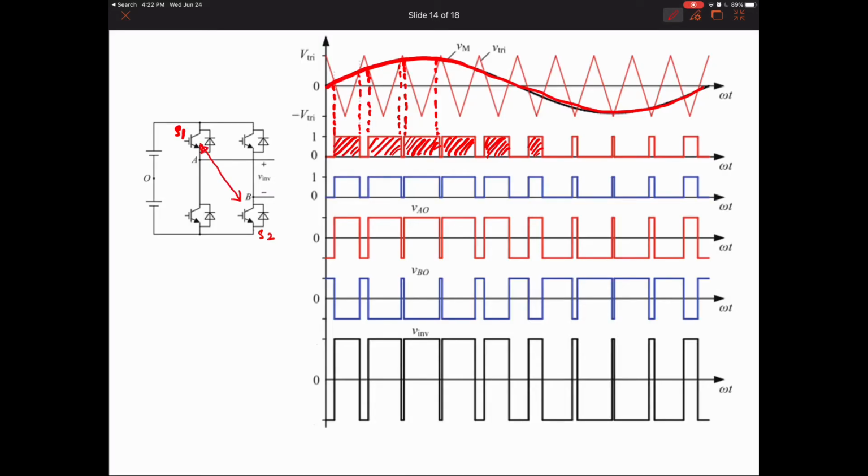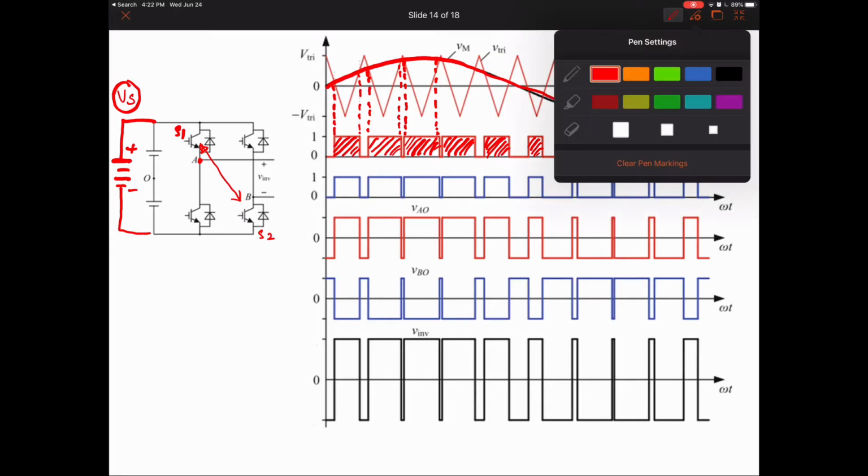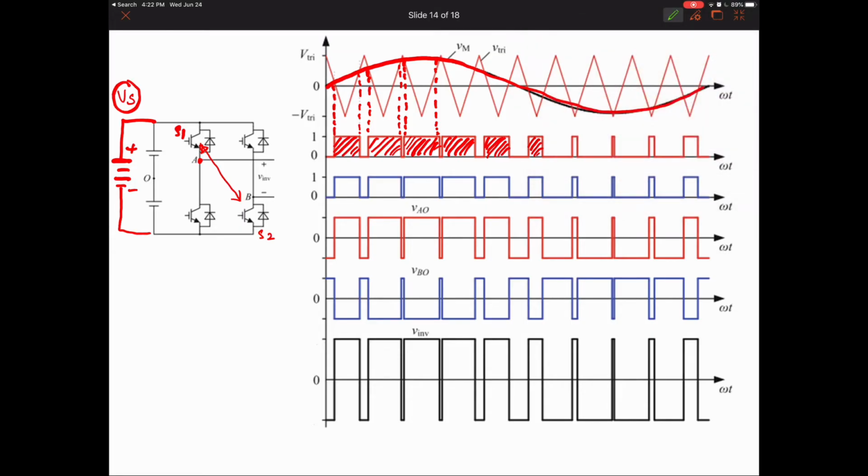When we turn on switch S1, this point A will be connected with the positive terminal of the source, and let's suppose that source voltage is Vs. What we are going to do over here is consider a fictitious point, that is the center point of our source. If the source voltage is plus Vs, this voltage will be Vs by 2 and this voltage will be Vs by 2.